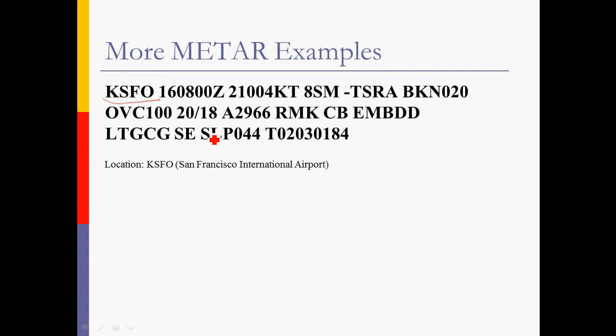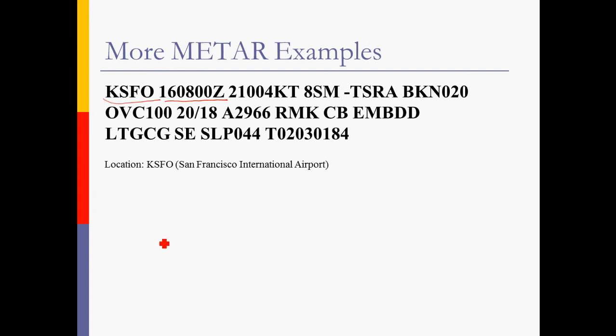Then our next piece of information is here, 160800Z. Remember that this tells you about the day and time that the observation was taken. The first 2 numbers, 16, are the day of the month. And then the next 4 numbers are the 24-hour time in Greenwich, England, also known as UTC, GMT, or Zulu time.